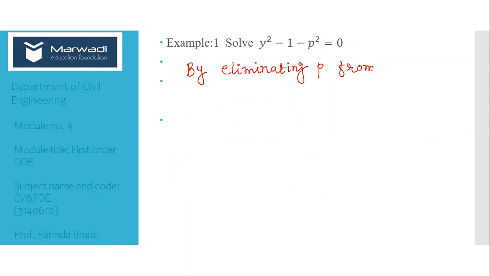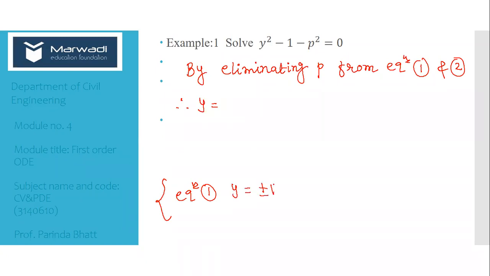Equation 1 is y equal to plus or minus root 1 plus p square, and in the previous slide we are getting p equal to sine h of plus or minus x plus c.